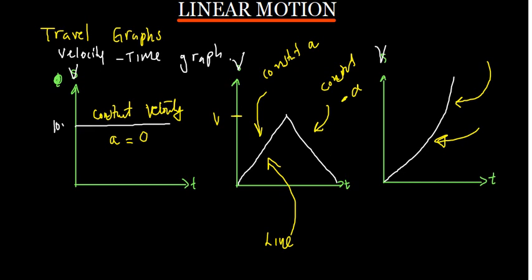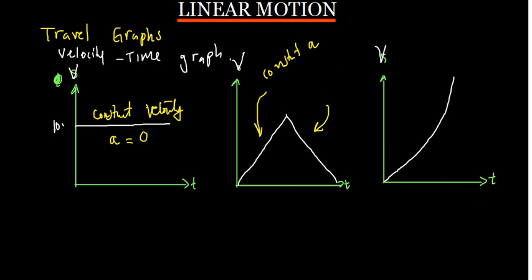This is not linear motion, I mean, this is not constant accelerated motion. The acceleration here is not constant. For a quadratic change of velocity with time, the acceleration is not going to be constant. Hope we have gotten that, friends.